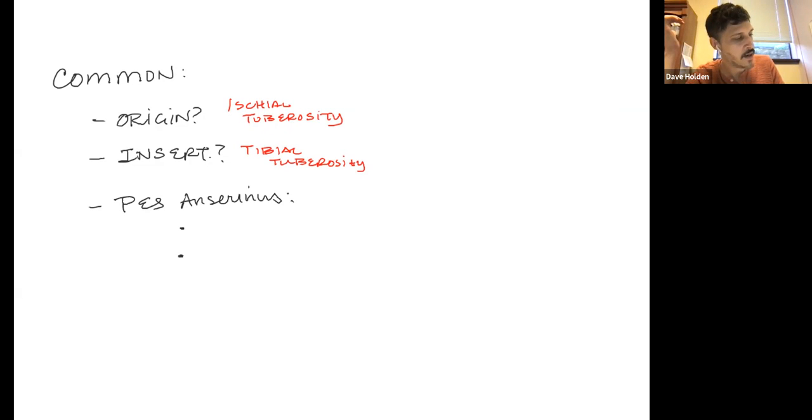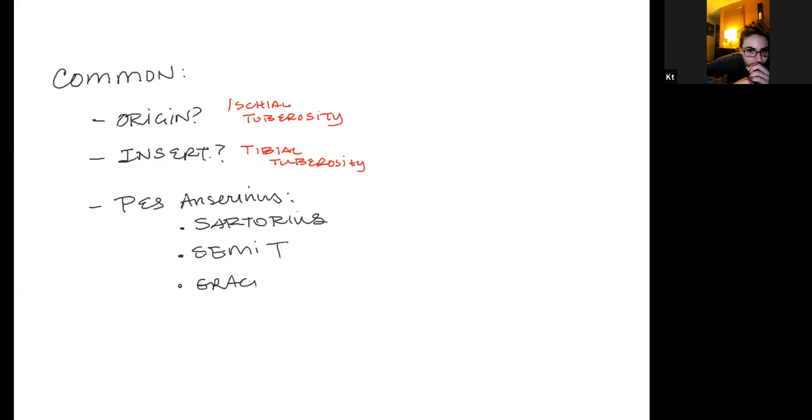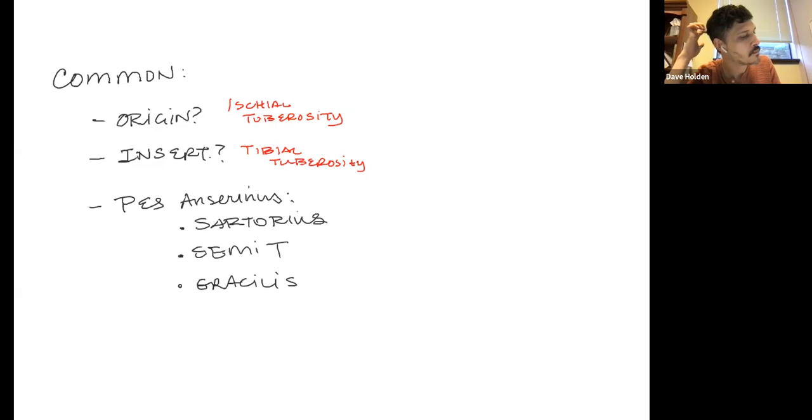Which muscles all share an insertion at pes anserinus? Sartorius, semitendinosus, gracilis. Very good.